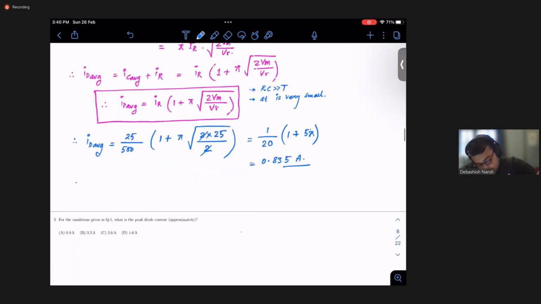And you find out in a similar manner that your ID max should be nothing but twice this, right? 0.8 ampere, it will be around 1.6 ampere.